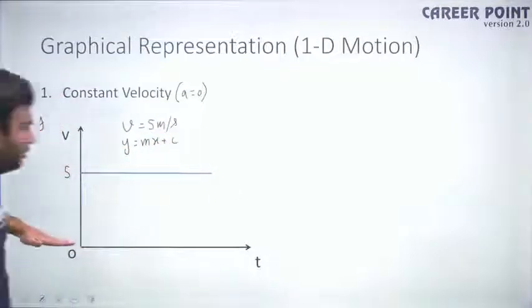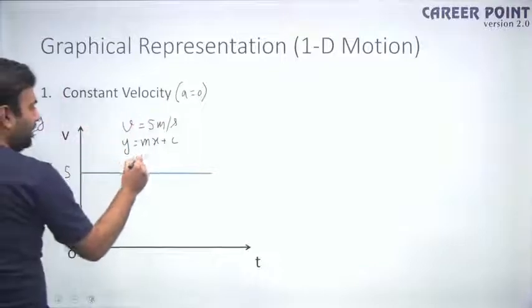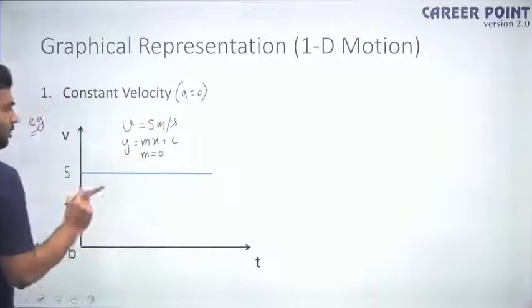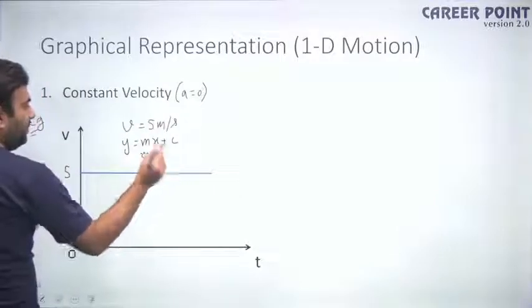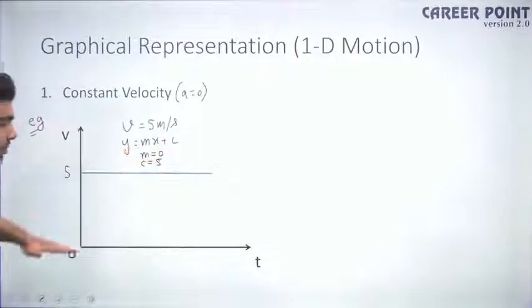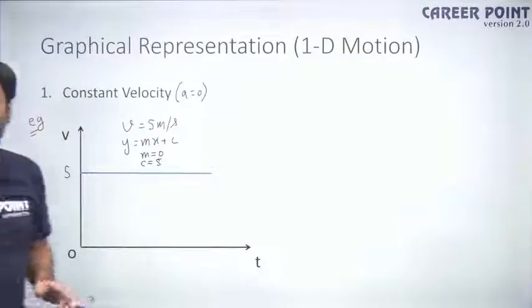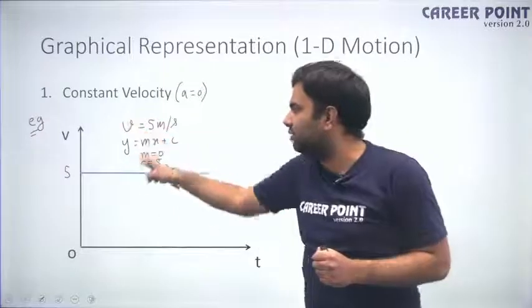Remember, x we draw here, y we draw here. So in this example, m is equal to 0 because v is not dependent on time, and c is equal to 5. So this is a straight line passing through the point 0, 5, and its angle from the x-axis is 0. This is how we are going to draw the graph. We know the equation, we have drawn the graph.